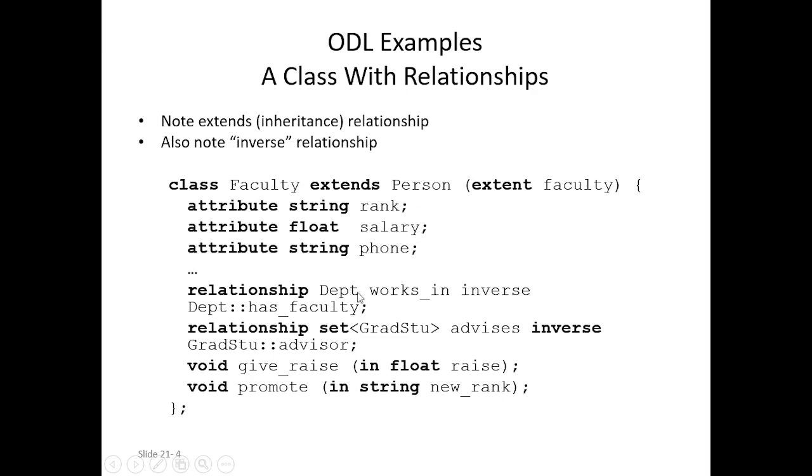And here we have the relationship department works in, and there is an inverse, department has faculty, and a set of grad students, then advises, with inverse again, and this inverse is used to maintain the referential integrity.